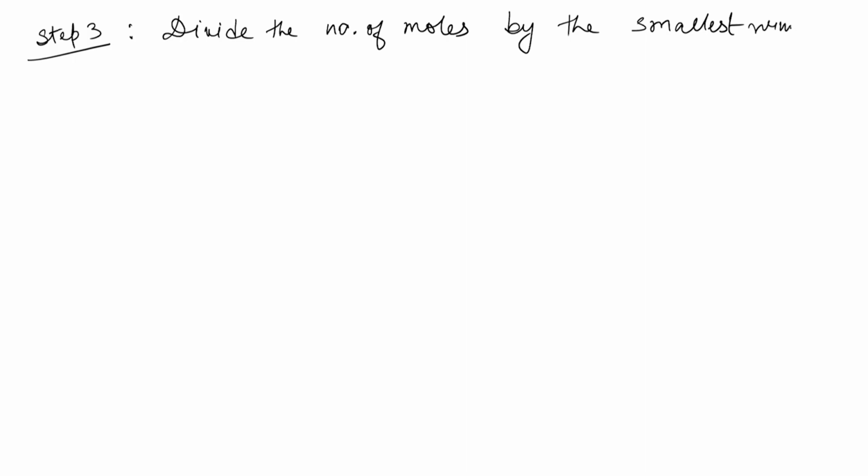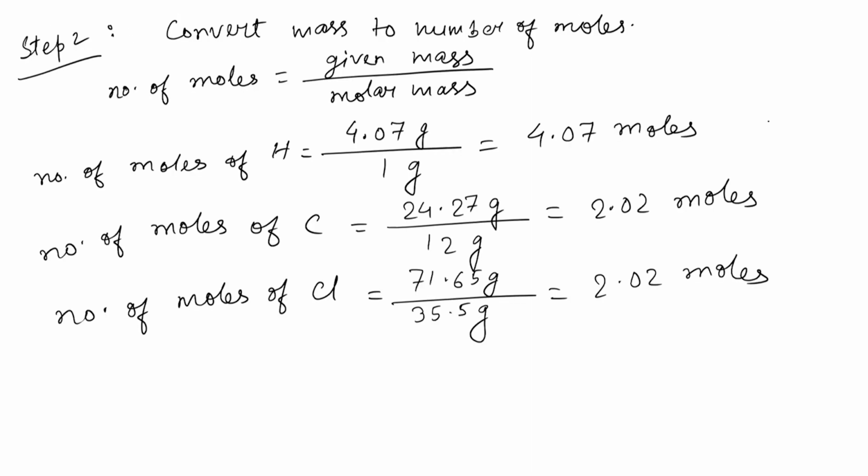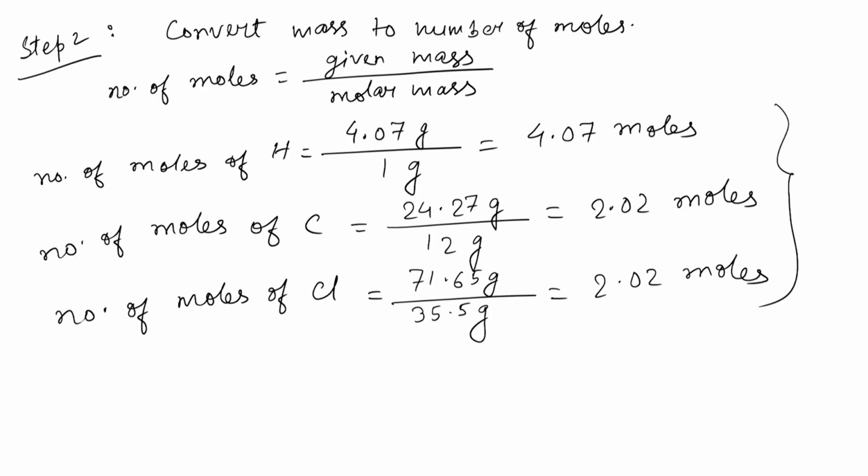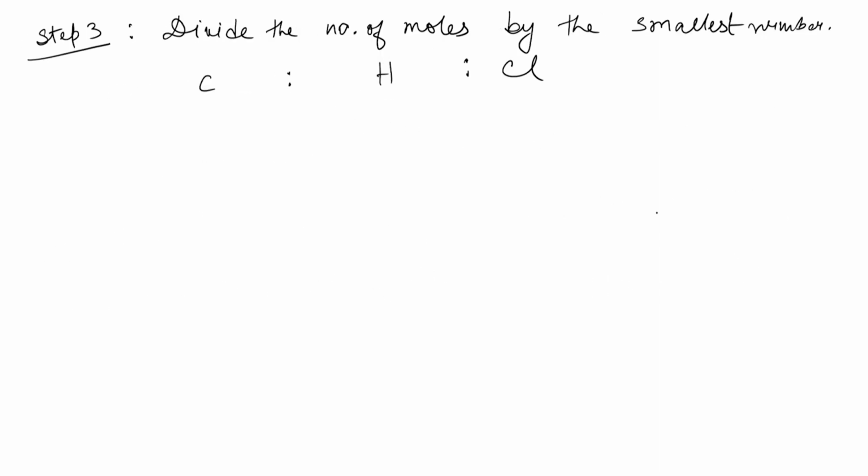Now, step 3 is divide the number of moles by the smallest number. Okay. Now, if we write these number of moles in terms of ratio, what can we write? C is to H is to Cl. So, first, what is the number of moles of carbon? This is 2.02.